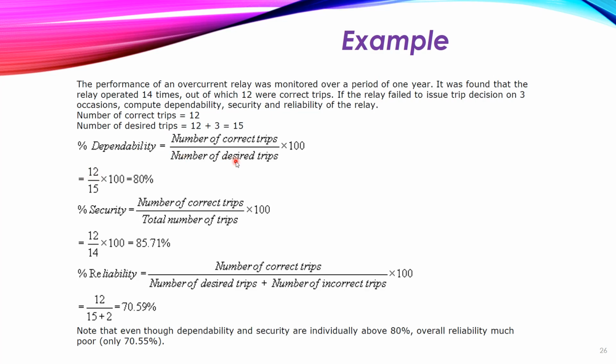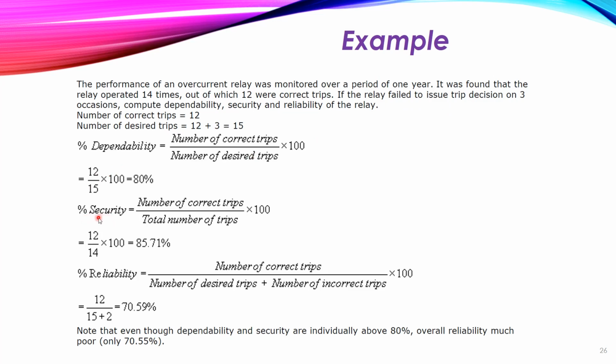The relay should have tripped 12 times, which are the correct trips, plus the 3 occasions in which it failed to trip. So the total is 15 desired trips. So 12 over 15 gives us 80%.